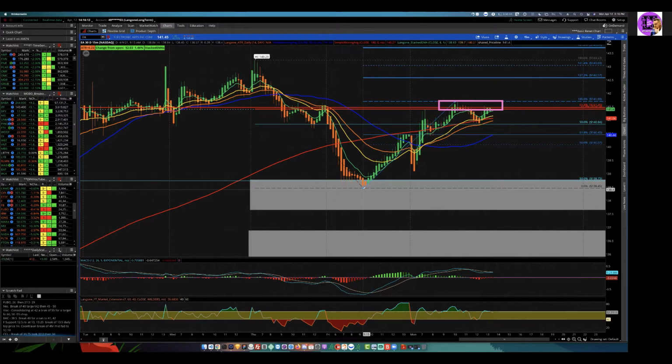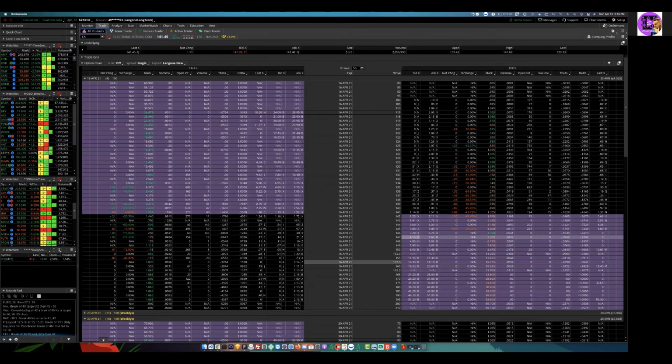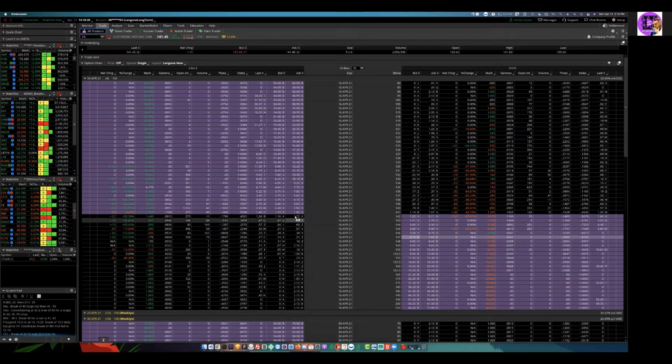If the algo is buying, I'm staying in the position. I would look for a target of 142.50, followed by 143.79, 142.50, 143.